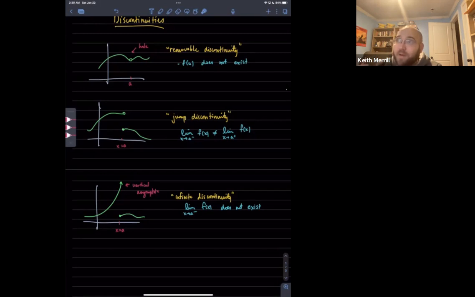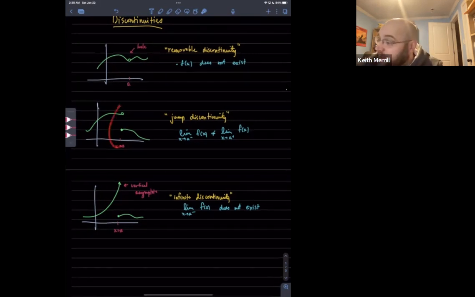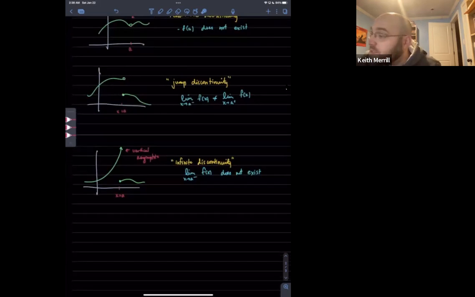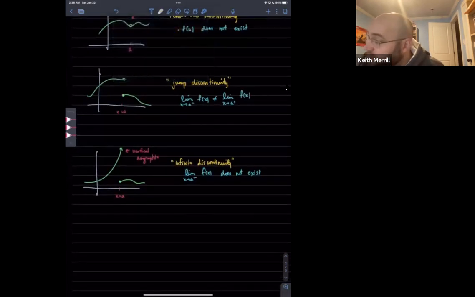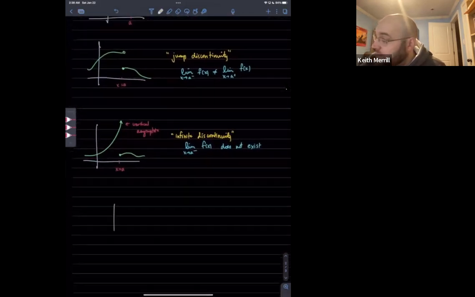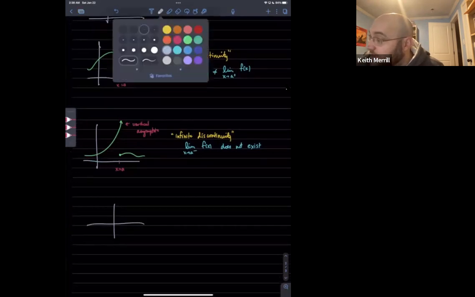When we talk about a function being continuous, you can have a discontinuity at a point of the domain. Notice x equals a here is in the domain, but the function is not continuous there. But you can have a situation, say like 1 over x. Let's draw it real quick.